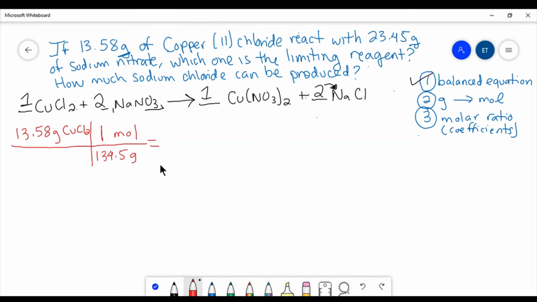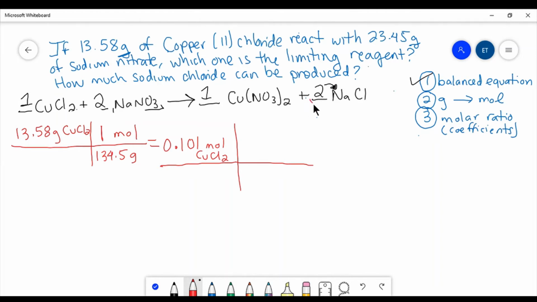And this is going to give us a total of 0.181 moles, okay? I'm just splitting everything into tiny steps so you can see. Once you've converted the grams for one of your reactants to moles, you're going to use a molar ratio of that reactant versus one of the products of your choice.